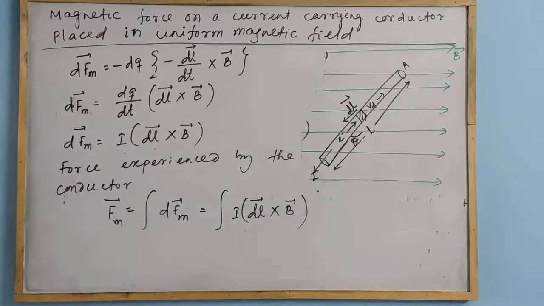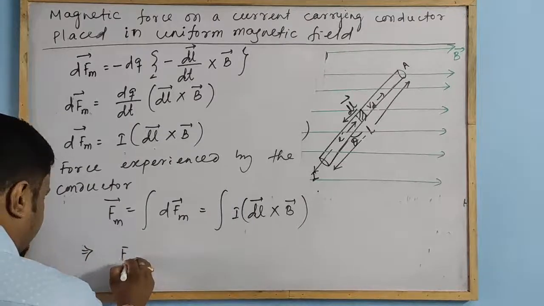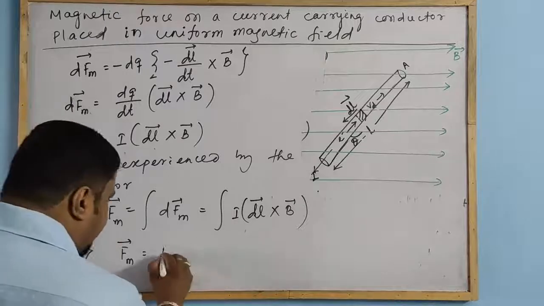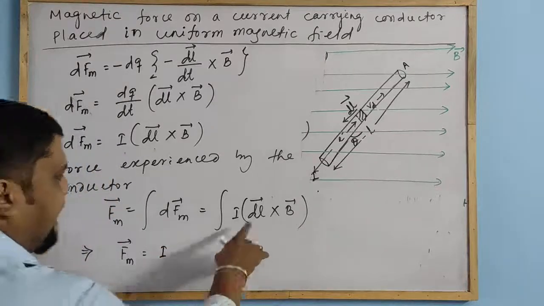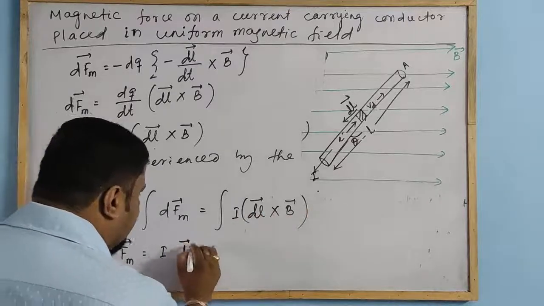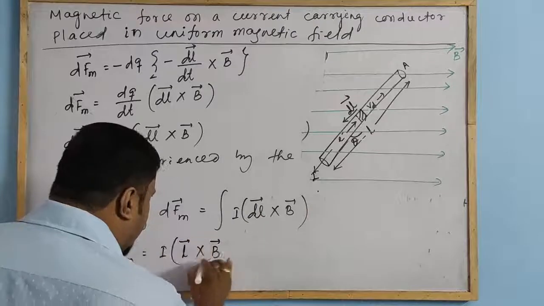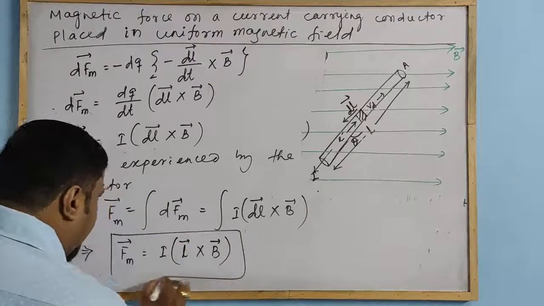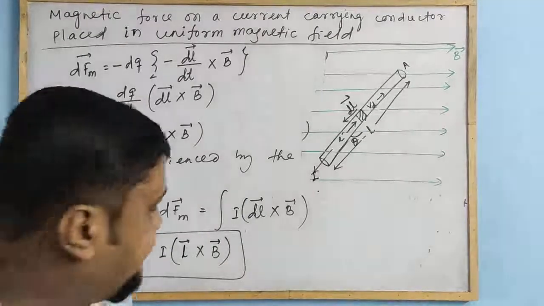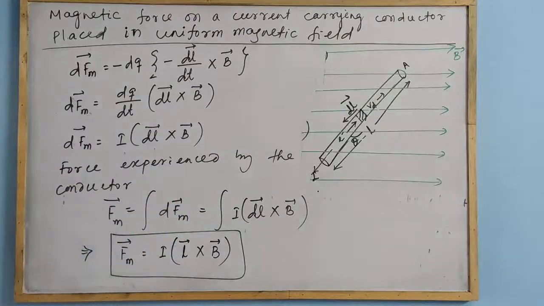So this implies Fm, the magnetic force on the conductor, is equal to I times the integration of dl cross B, since B is uniform. The integration of dl is what? L. The total length is L, so I L cross B. So this is the force on the conductor. Clear? So Fm is equal to I L cross B.